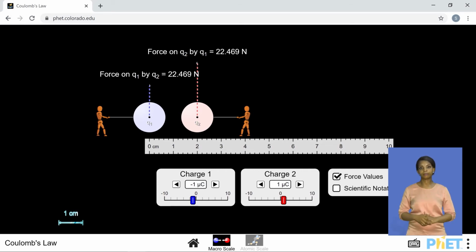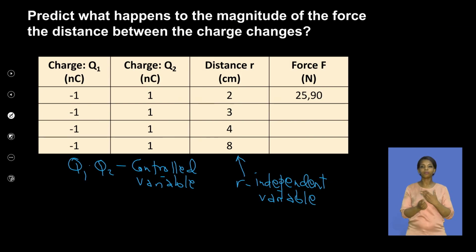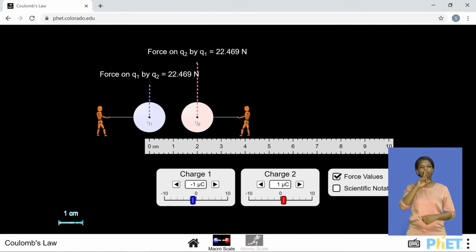If we go back to our table, this is the actual force when the distance is 2 centimeters, while the force is 25.9. And then when we increase the distance between them to 3 centimeters, let's see exactly what happens. So the force is affected by distance, okay?